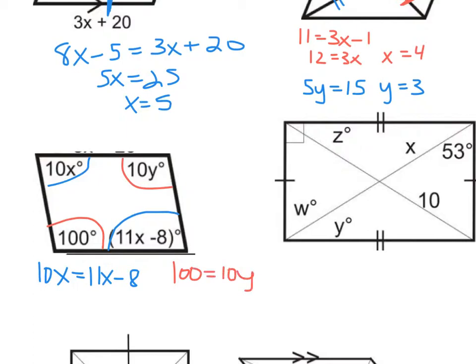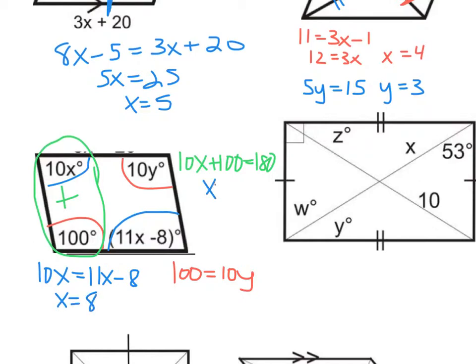However, it's also true that consecutive angles are supplementary, aka I could also solve 10x plus 100 equals 180 and get the same answer. So it's really whichever I want to do. In both cases, I'm going to get x equals 8 when I solve, and then y equals 10. So we can use that opposite angles are congruent or consecutive angles are supplementary.